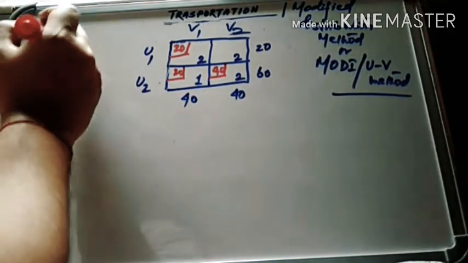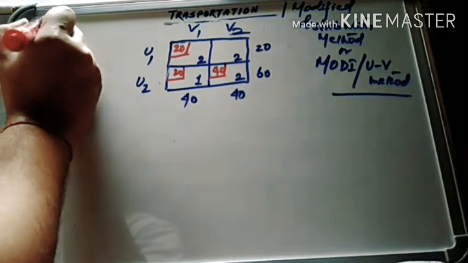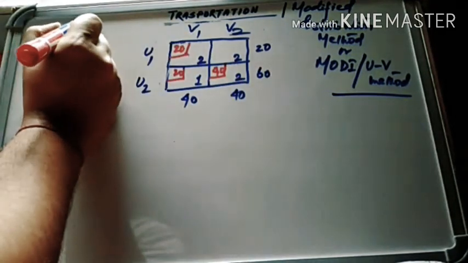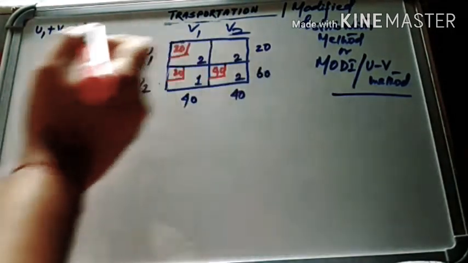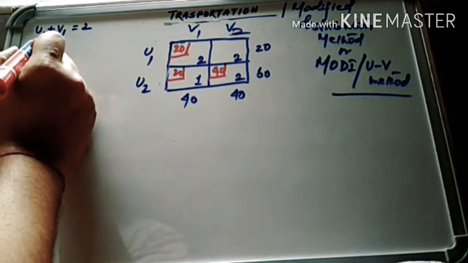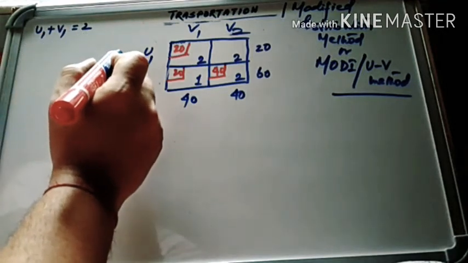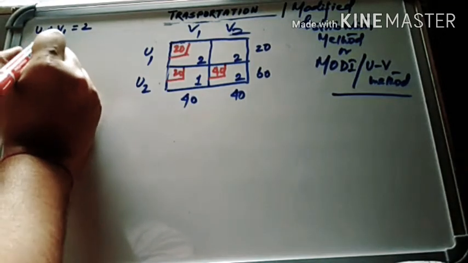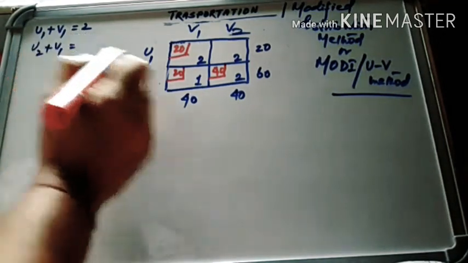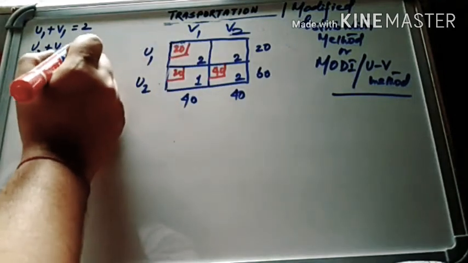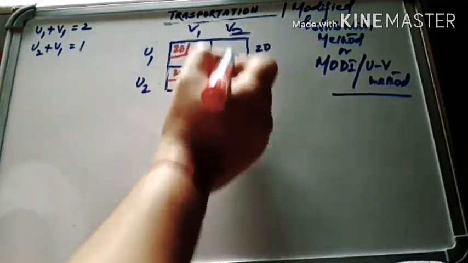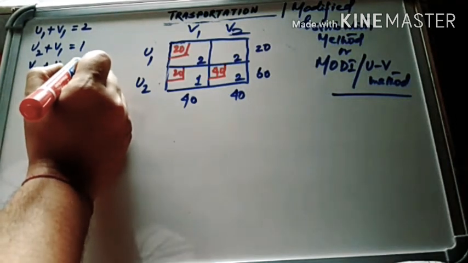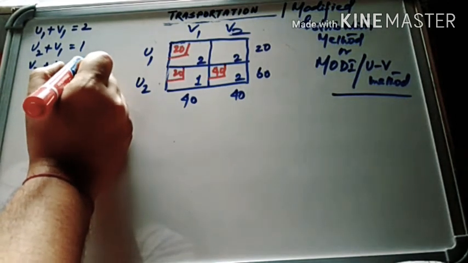U1 plus V1 is 2. U2 plus V1 is equal to 1, and U2 plus V2 is equal to 2.